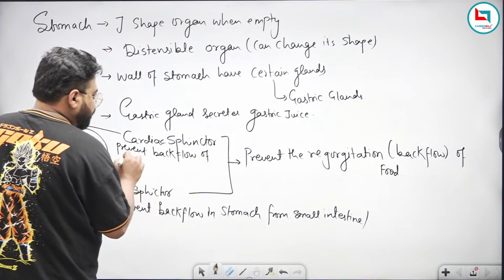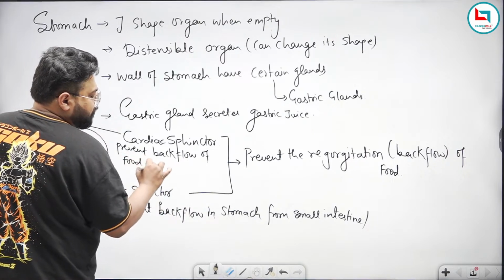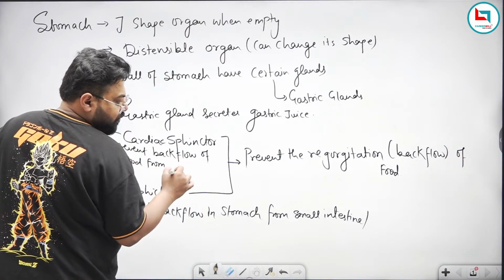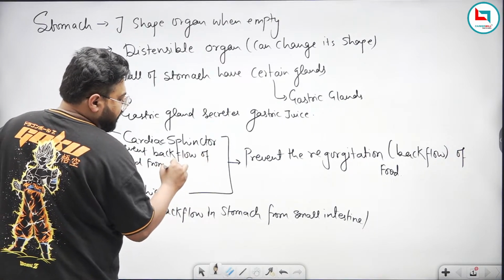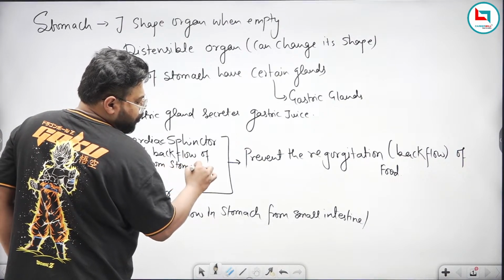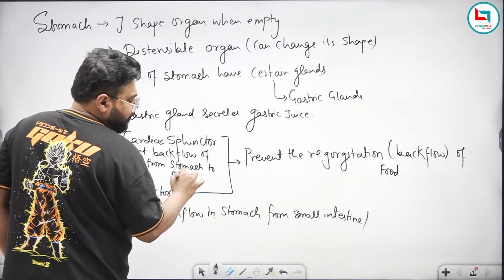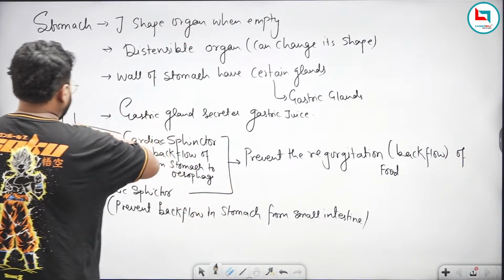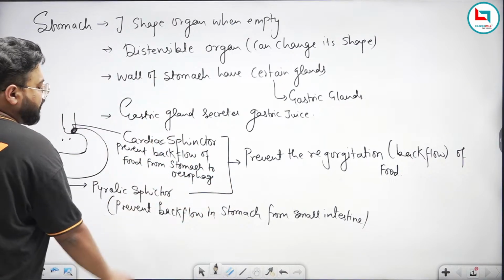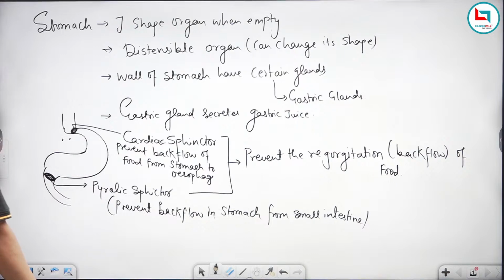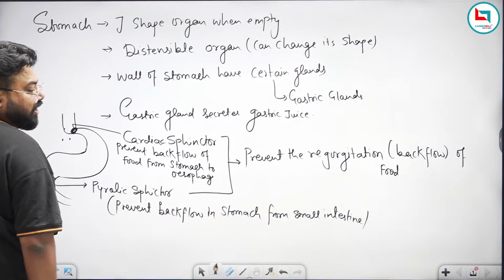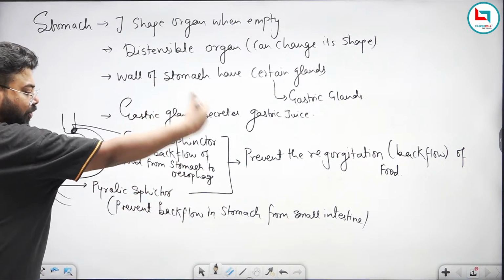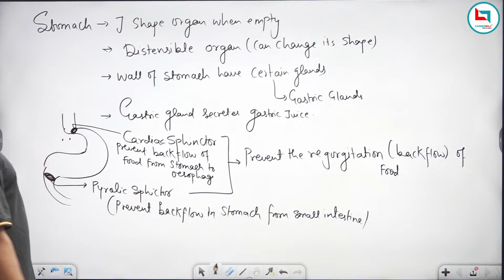So it prevents regurgitation towards the esophagus, this cardiac sphincter, and this pyloric sphincter prevents the regurgitation from the small intestine inside the stomach.